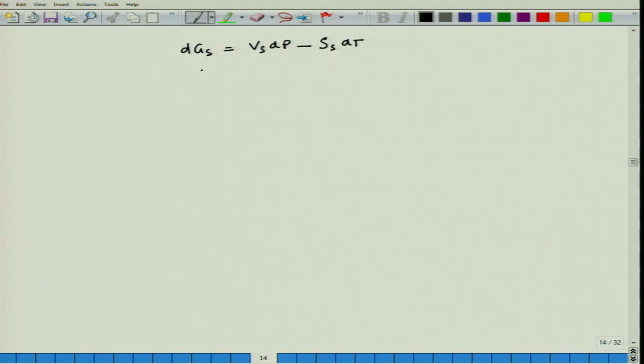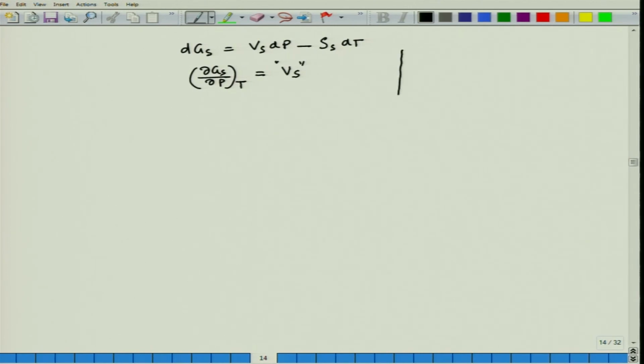If I try to see the slope at constant temperature, then it would become Vs. Can we get negative volume? Never. So, this volume is a positive quantity. So, if I try to see the variation of free energy with pressure at a constant temperature, it would always have a positive slope.